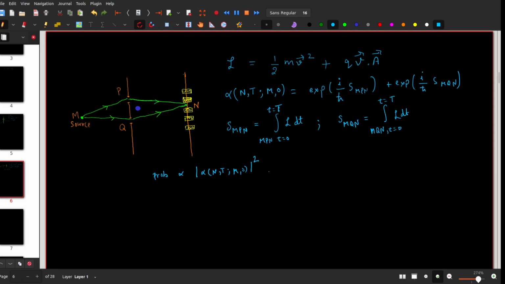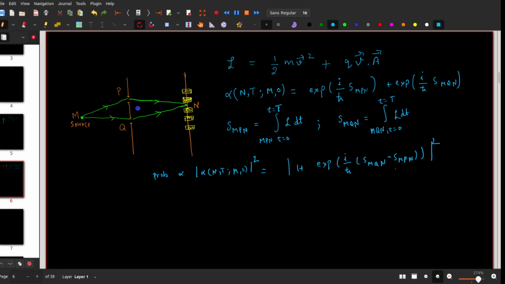If we take out exponential i by h bar S_MPN outside, then this will be the mod square of 1 plus exponential i over h bar (S_MQN minus S_MPN).